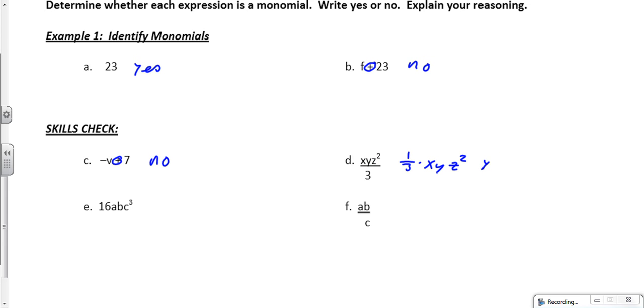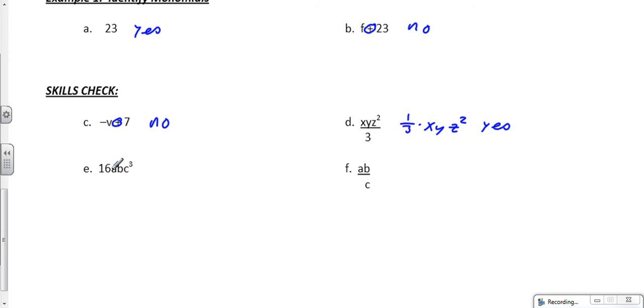So yes, it is a monomial. And again, I can have more than one variable. Next one, it is a product of all these things, again more than one variable, so yes. And am over c, yes.